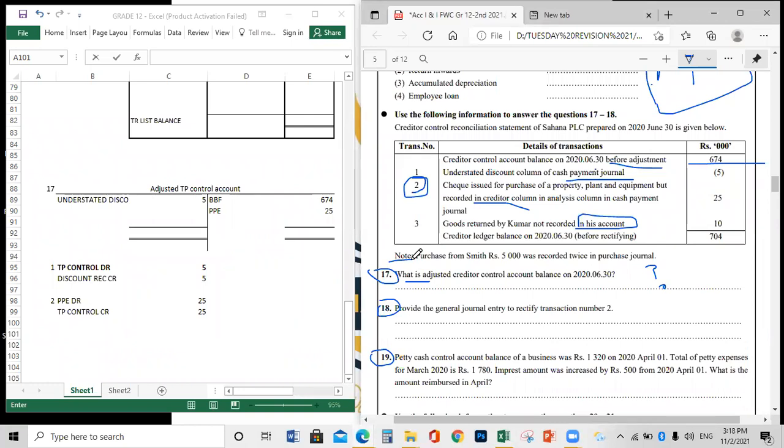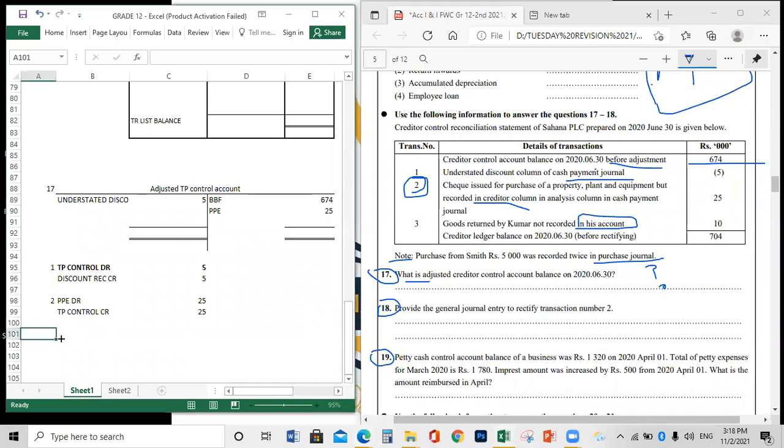Yes or no? Purchase journal is a prime entry book, guys. If the prime entry book is wrong, your ledger accounts also will be wrong, because the prime entry book total only you take to the ledger account. So in the prime entry book, you have recorded the purchase from Smith twice.